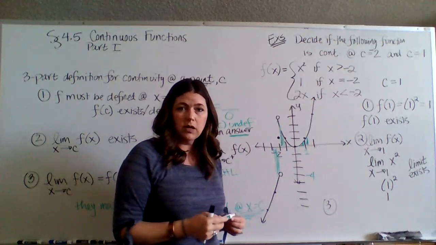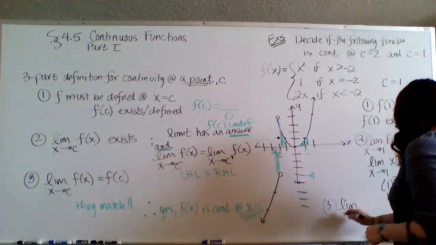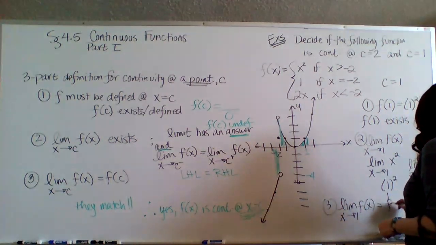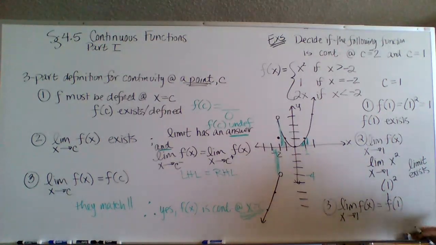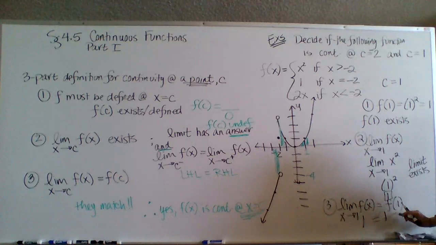Looks good, right? So part 3 is, does the limit as x approaches 1 of our function f of x equal what we got for f of 1 when we actually plugged that c value in? Well, our limit answer was 1, which we got on part 2. Our f of 1 answer in part 1 was 1. Oh, yep, 1 equals 1. This is true.